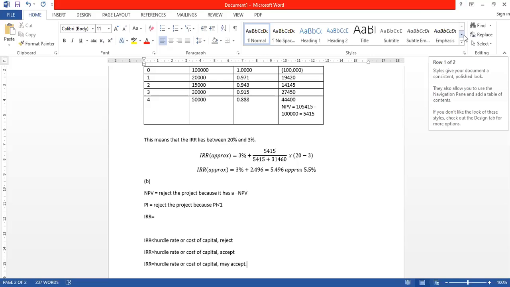So I've written the decision rule for you on the screen. If IRR is less than the hurdle rate or cost of capital, reject.